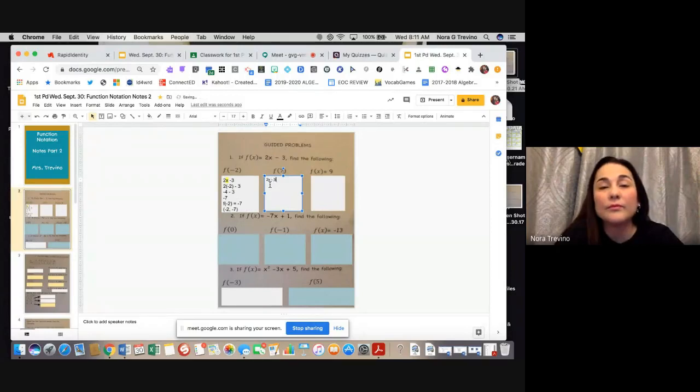And I'm going to input the 7 where I see the x. And then we solve. I'm going to have to do the multiplication again before I do the subtraction. So 2 times 7 is 14. And minus 3, well, that gives me 11.